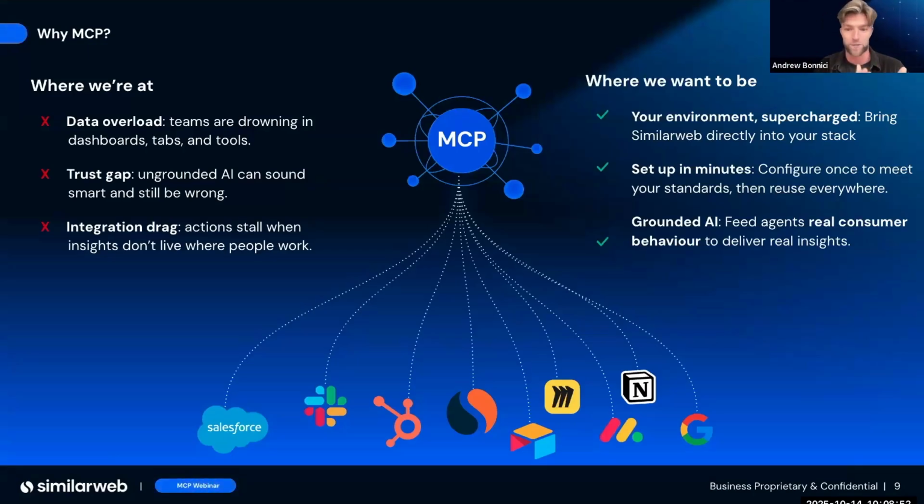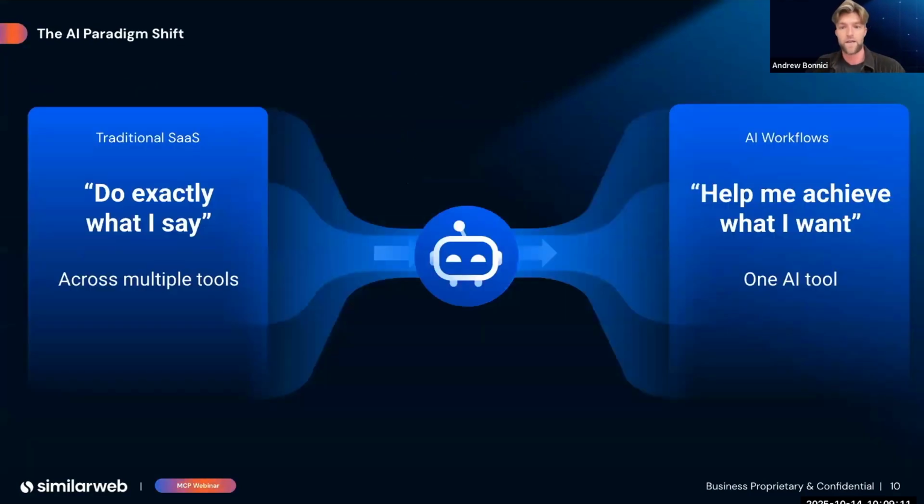We want the setup to take minutes rather than months. And we want this grounded AI, systems that don't hallucinate, but that understand or are informed by real user behavior. So that's where MCP takes us. It bridges this gap between the data that we have and the decisions that we need to make.